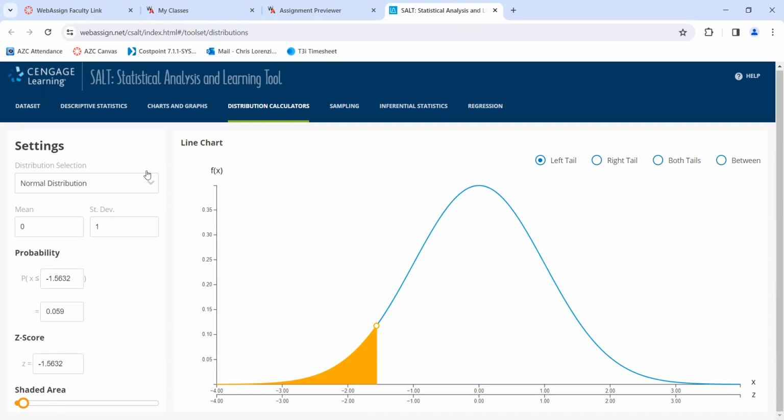So you can play around with this to say, hey, what about in the right tail? Well, if it's the right tail and I want it to be 0.059, then I would get positive 1.56. And so you could play around with this and see what these interesting values are. Right tail, left tail. Maybe we're interested in both tails, taking a look at that value. We'll see when this might come in handy at some point in this class.